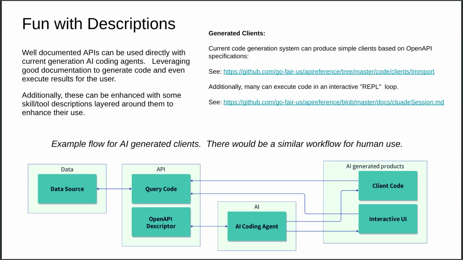Basically what that means is that you as a user could find the Swagger or the Open API URL, drop it into something like Claude or OpenCode, and say, inspect this document, tell me what it's all about. It can go through and do that kind of thing.